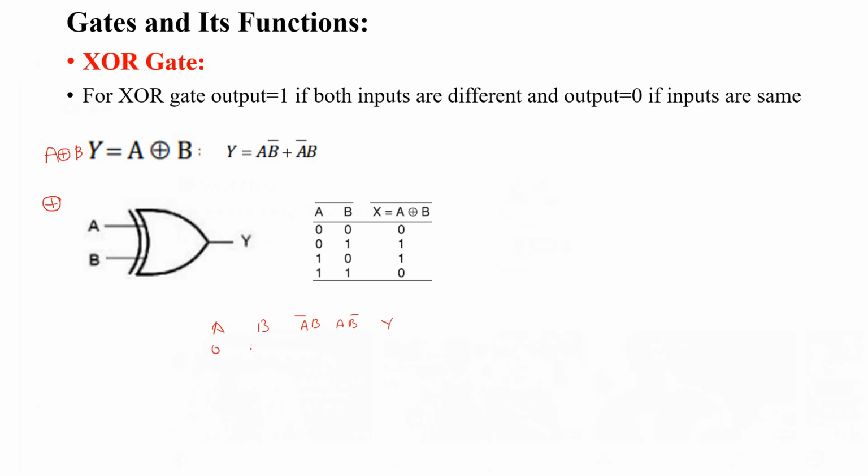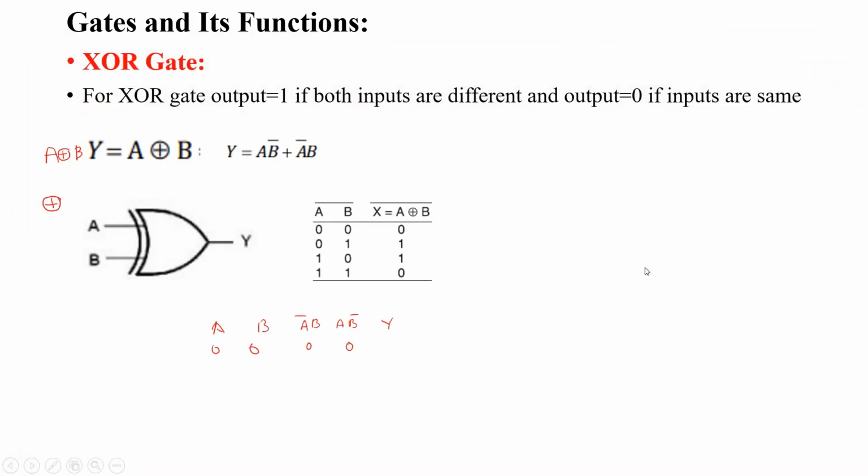So when both are 0, this is 1 and this is 0, so this is 0 and this is 0. So obviously the output will be 0.